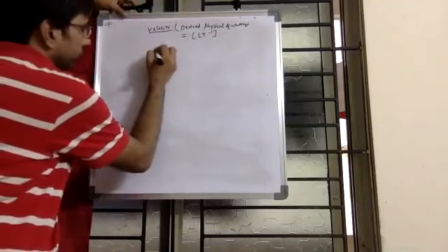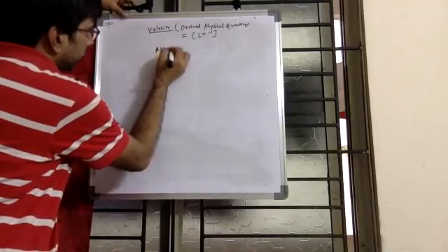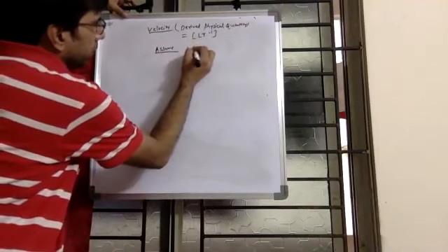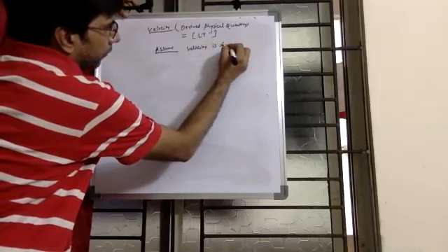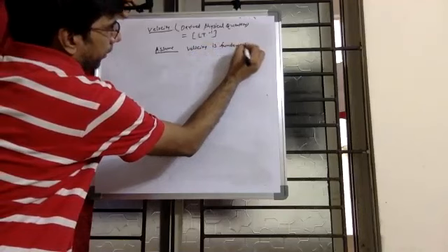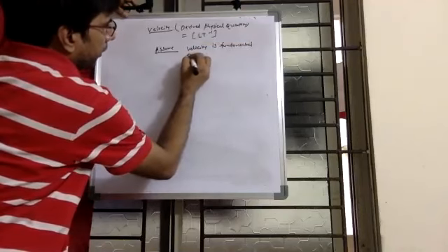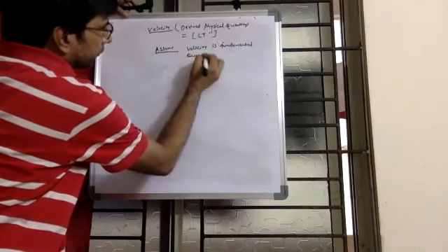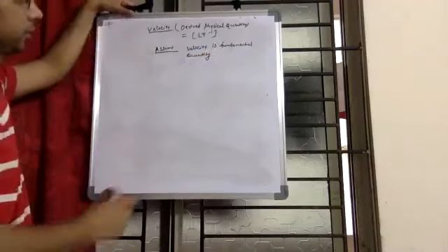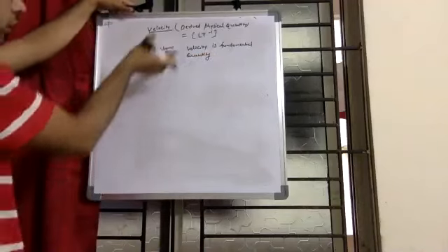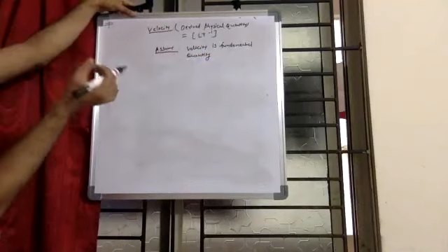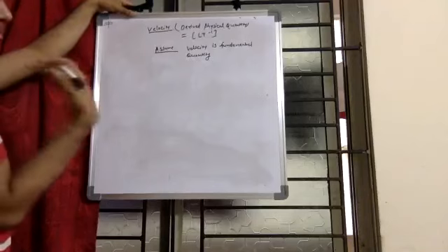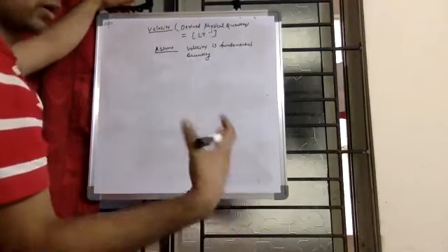Now, what I'm saying, assume velocity is a fundamental quantity. Okay. Then they will ask the dimension of some other quantity based on that.